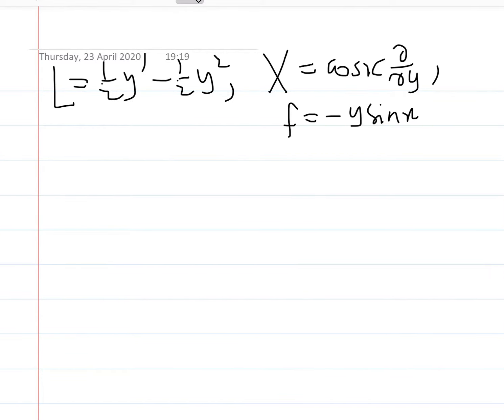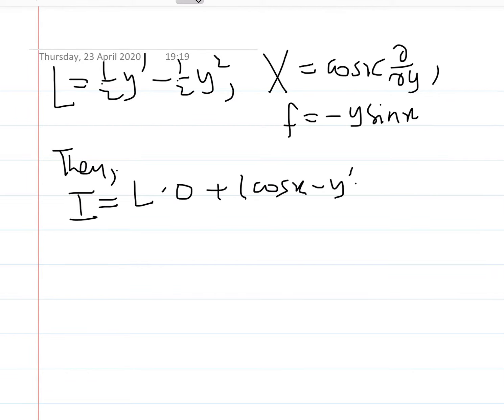In this case then, if you were to use Noether's theorem, a first integral would be I equal to L times xi. Xi in this case is 0, plus eta, which is cosine x, minus y dashed times xi multiplied by dL by dy dashed.